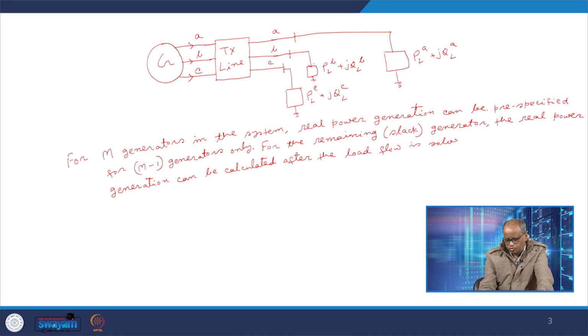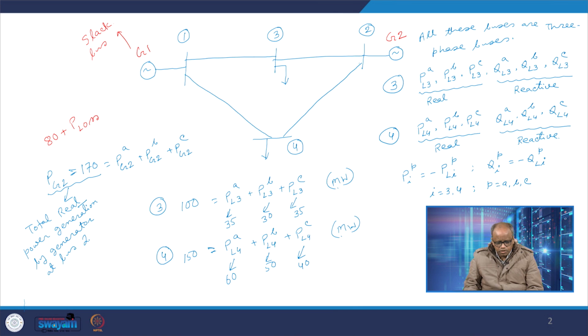So this is my first set of pre-specified quantities. If I have m generators, for example here in this case I have 2 generators, so m is equal to 2. Out of these 2 generators, for m minus 1, that is 1 generator, I have been able to pre-specify the total amount of generation, say 170 megawatt, but what the loss would be, I do not know.